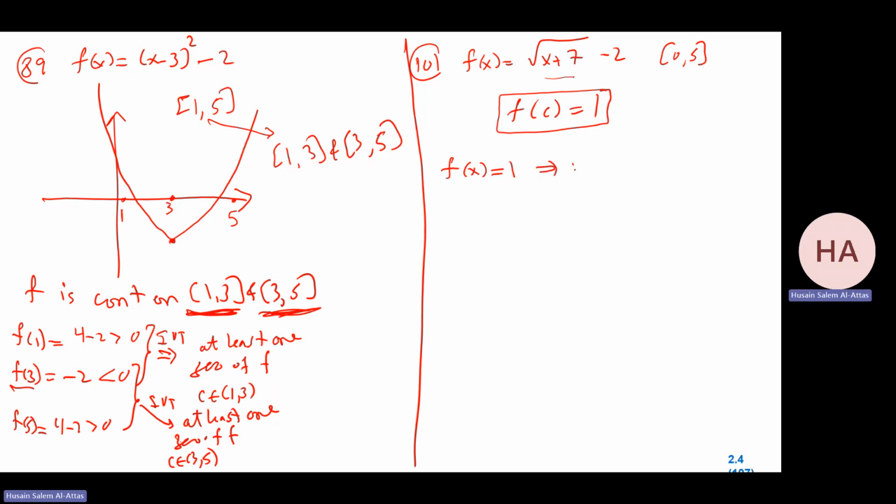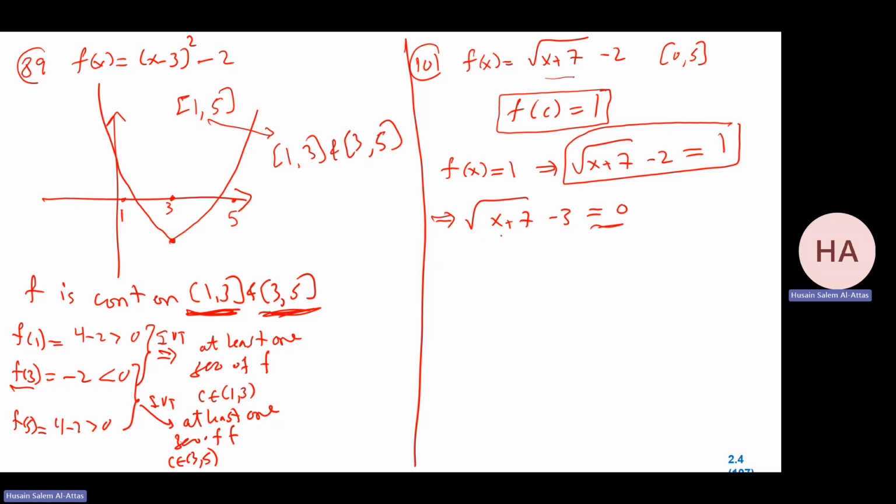So I have square root of x plus 7 minus 2 equal to 1. This is the equation I'm trying to solve, which implies square root of x plus 7 minus 3 equals 0. To do this with the intermediate value theorem, we need to make it equal to 0. So my function, which I should work with, is this function, which is continuous in this interval.